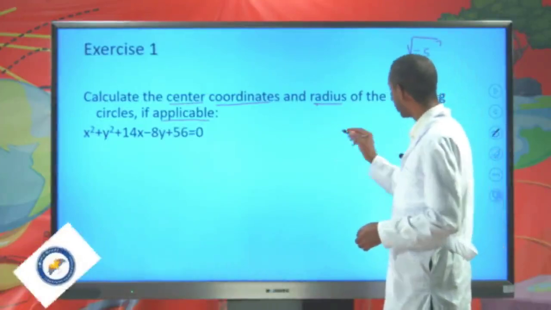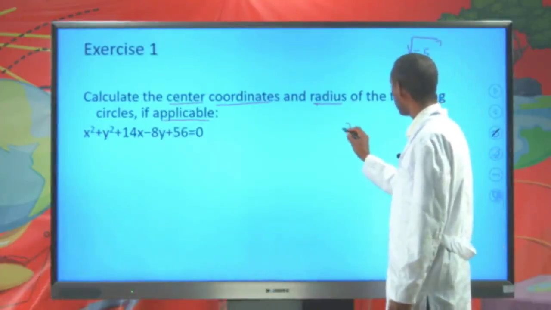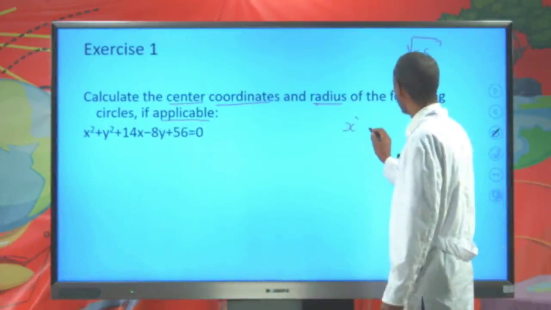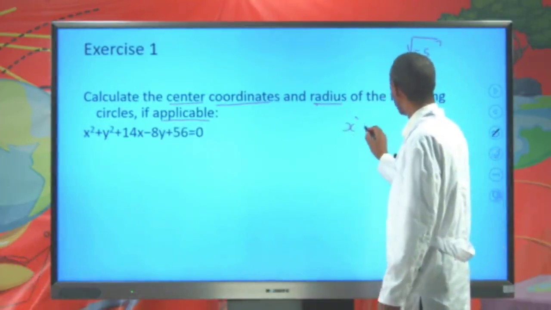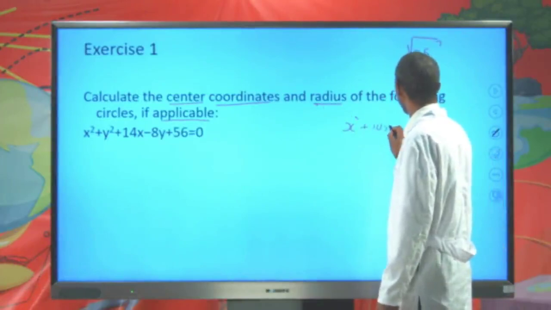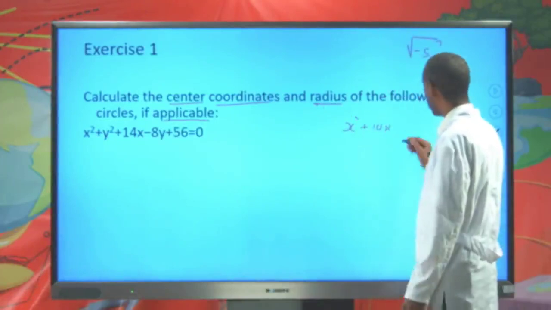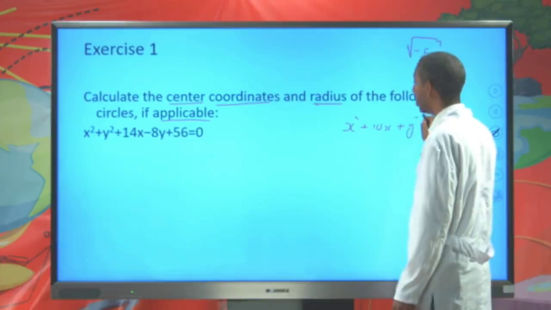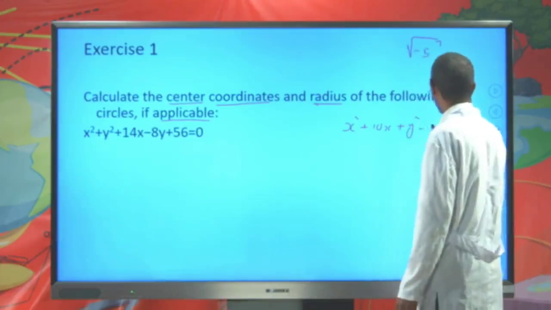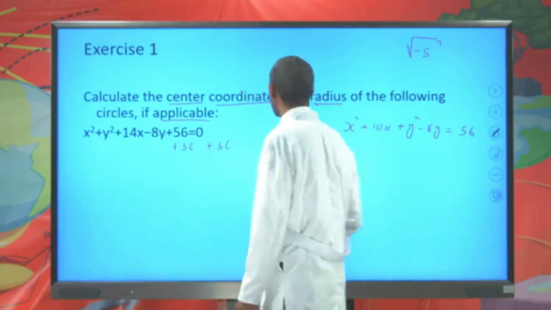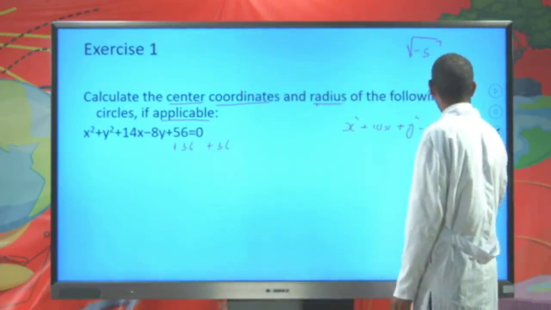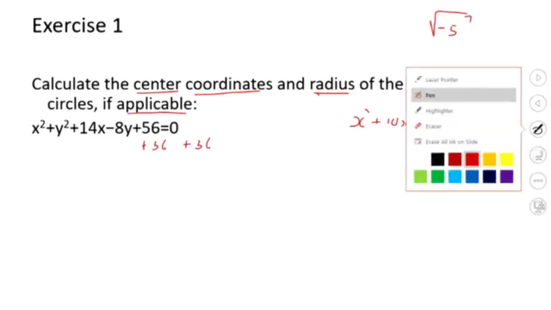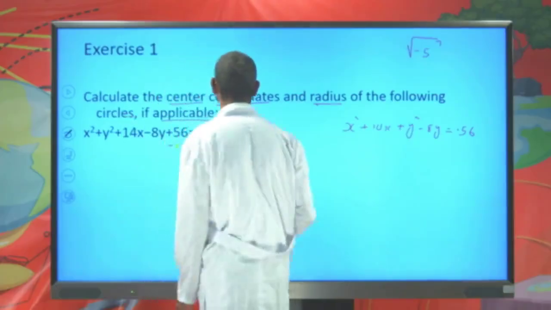So if I rewrite this equation, collecting all the x's together: x² + 14x, then all the y's together: y² - 8y. Let's subtract 56 on both sides, so this would be -56.